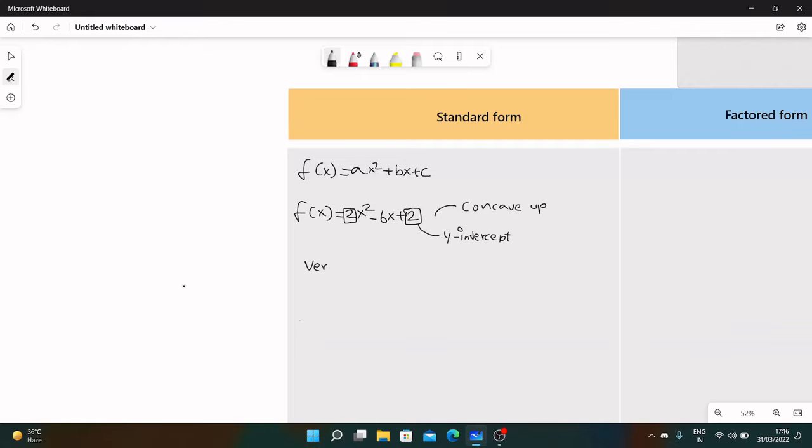Now let's move on to the vertex. We're going to first find the x coordinate. To find the x coordinate, we have to use the formula minus b by 2a.